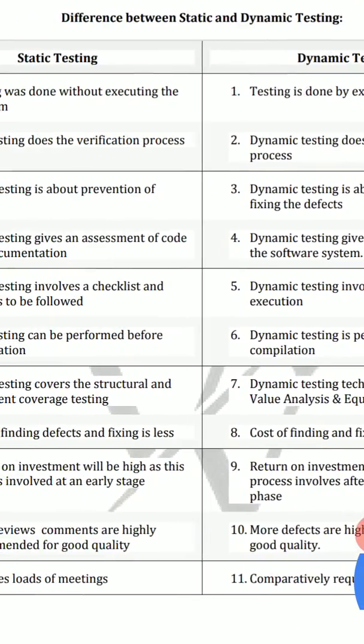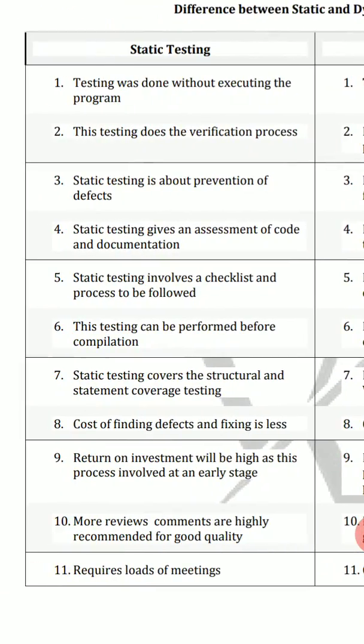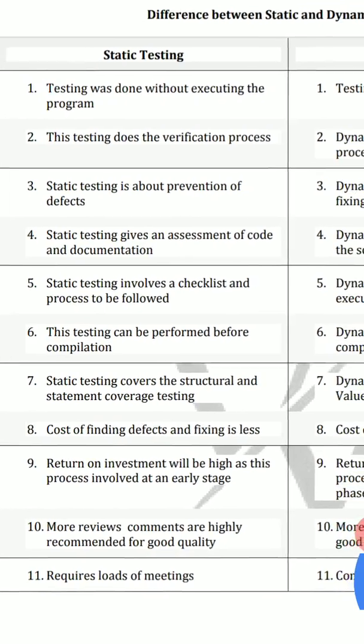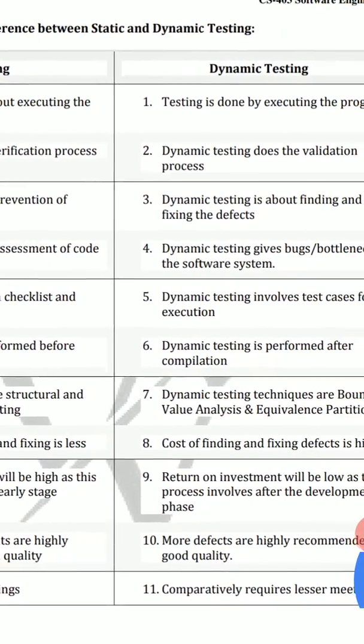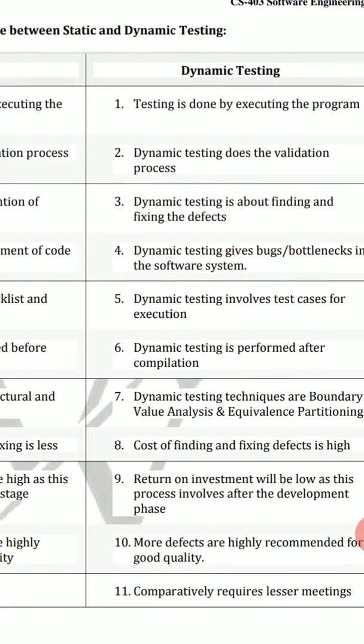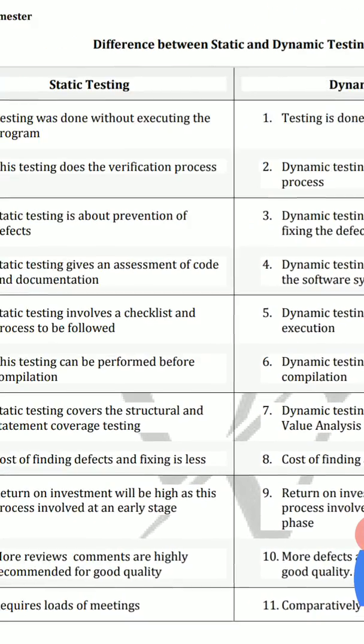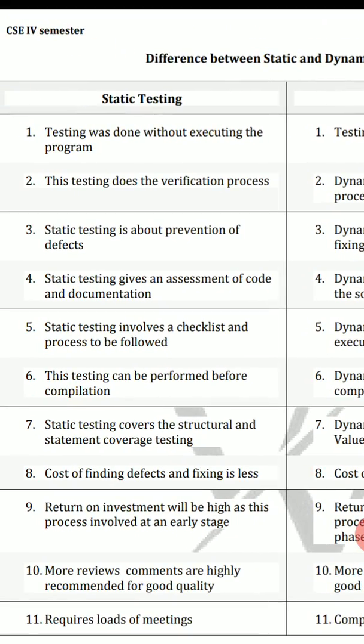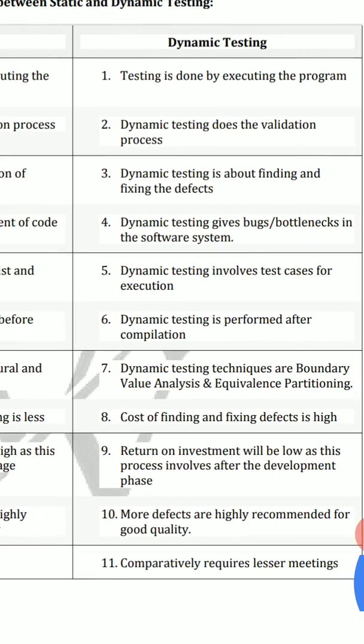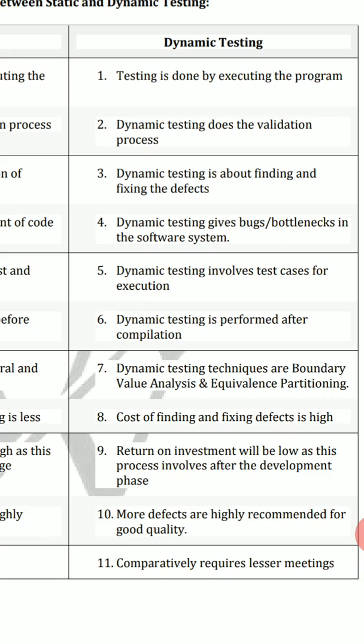Then, static testing does the verification process. Similarly, dynamic testing does the validation process. Then static testing is about the prevention of defects, and dynamic testing is about finding and fixing the defects.